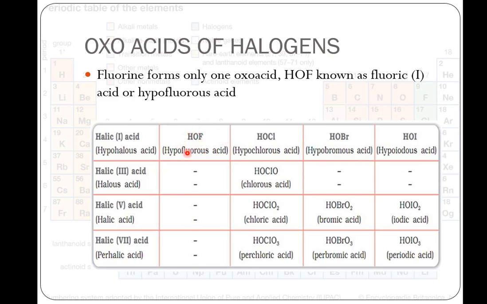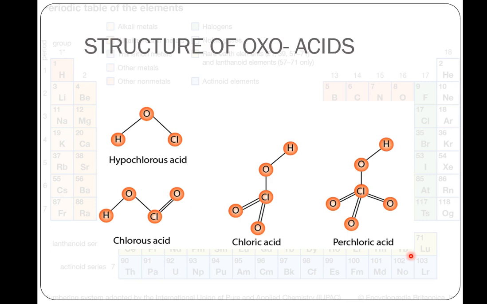Fluorine is forming only one, HOF. Chlorine can form HOCl, HClO2, HClO3 and HClO4. Br forms HBrO, HBrO3, HBrO4. Iodine can form HOI, HIO3 and HIO4.